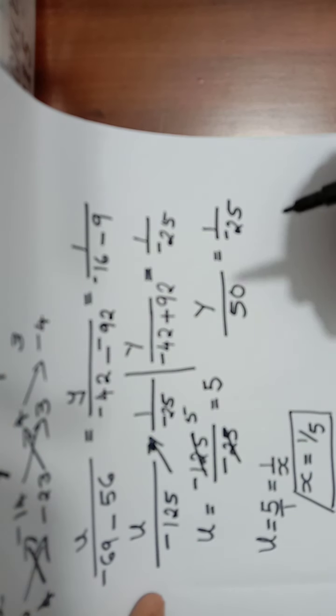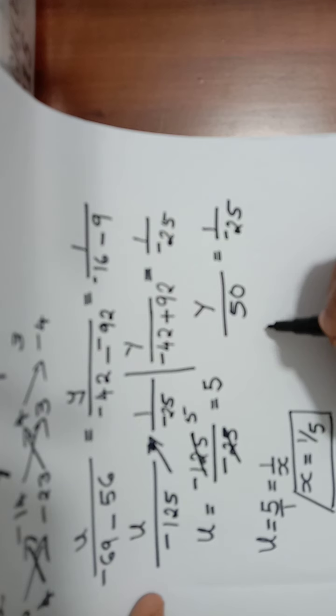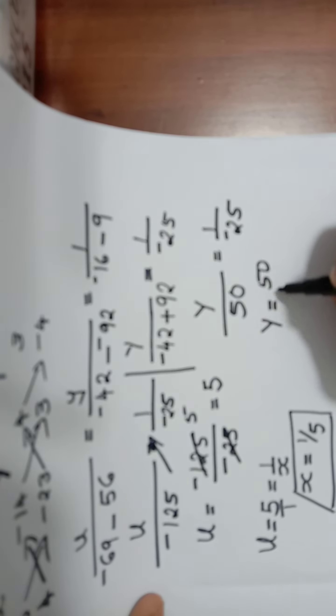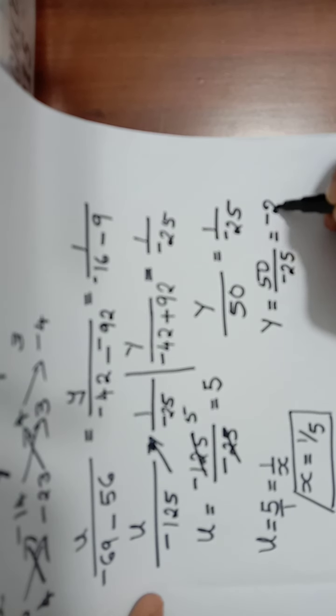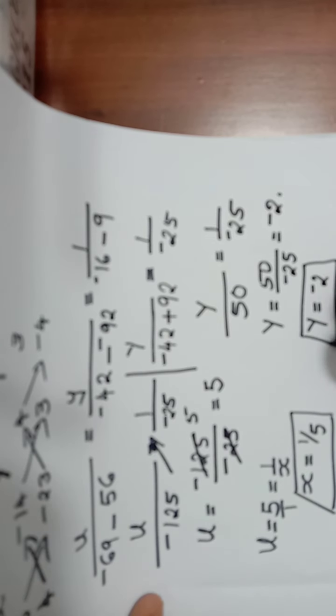How do we get the y value? Y by 50 is equal to 1 by negative 25. Therefore, we have to transfer 50 to the other side. 50 by negative 25 equal to negative 2. Therefore, our solution is x is equal to 1 by 5, y is equal to negative 2.